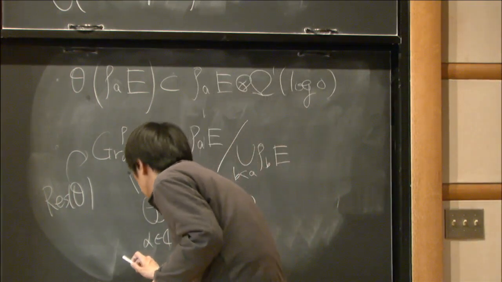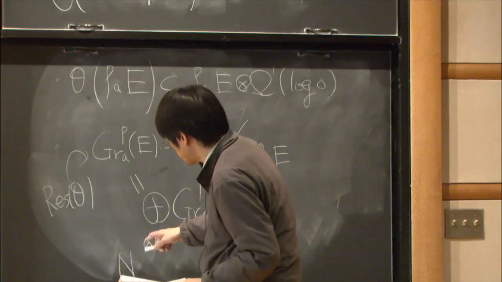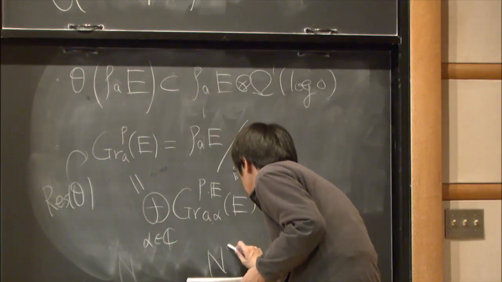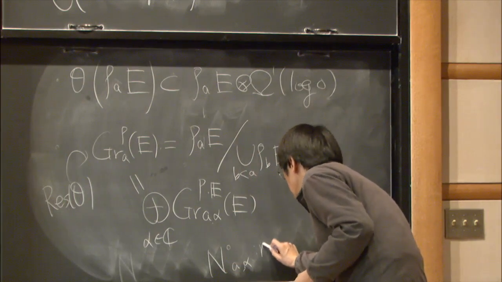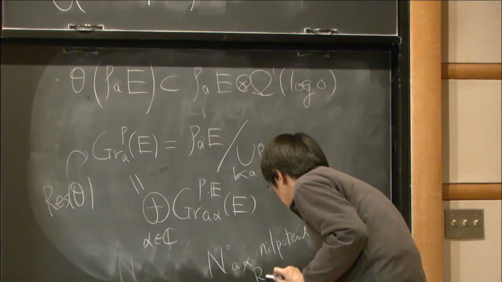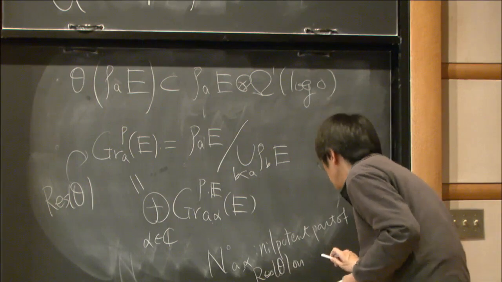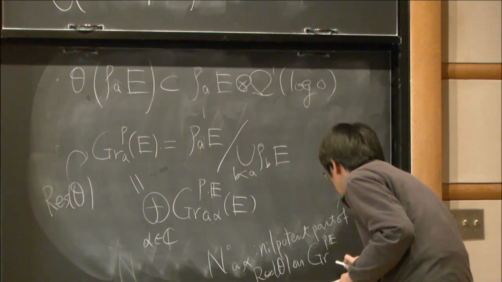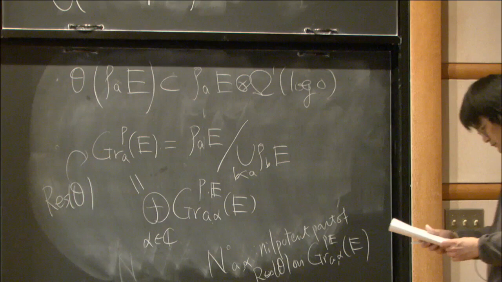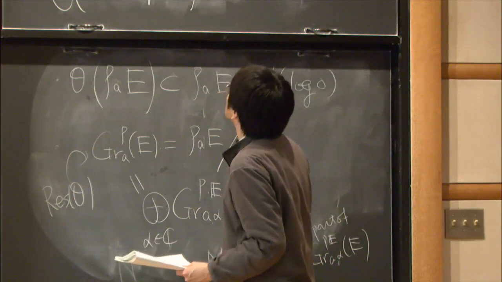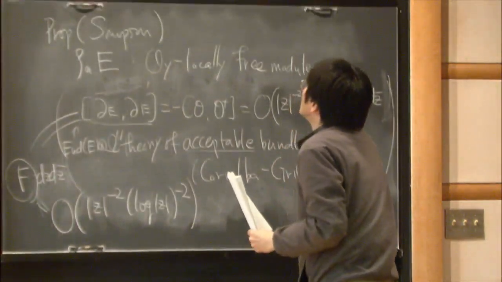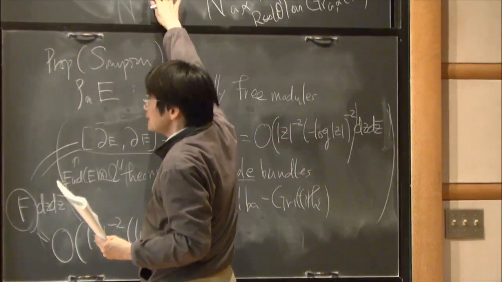And the nilpotent part of the residue on this part is denoted by N0 A alpha on Gr PE. And so the alpha here is the same as alpha here.